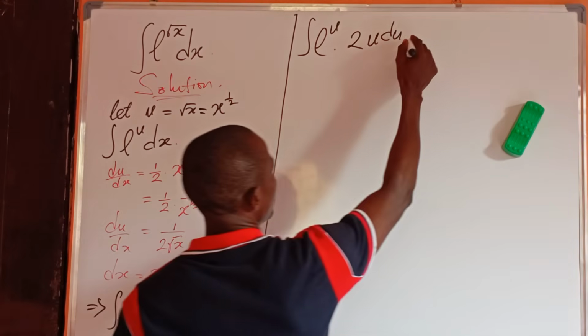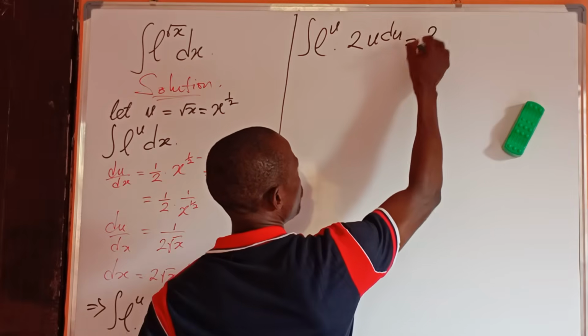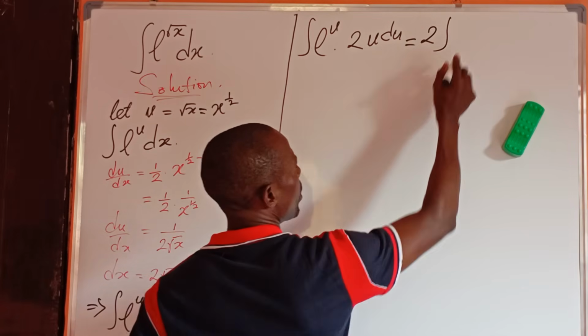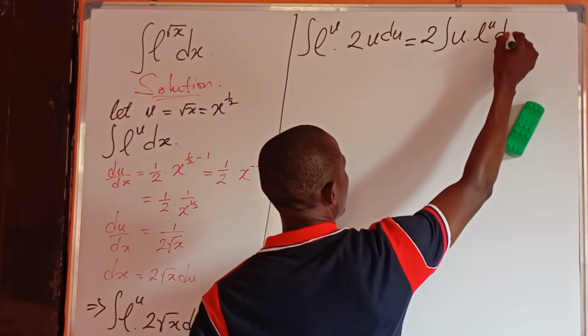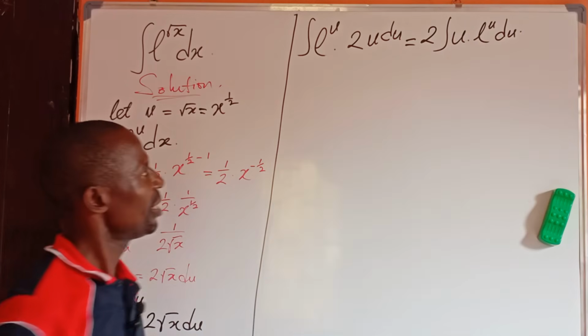Here 2 is a constant, so we can bring it out. This gives us 2 times the integral of u times e raised to the power of u du. This is good now.